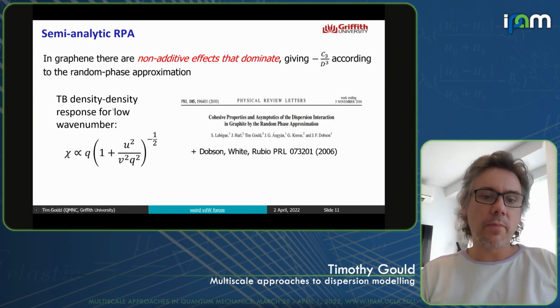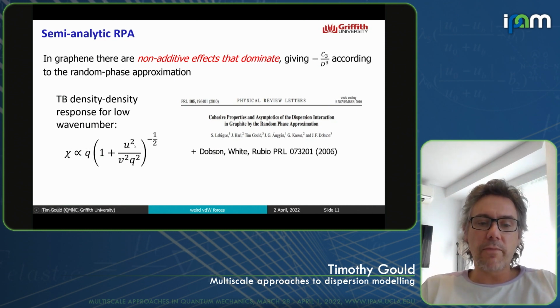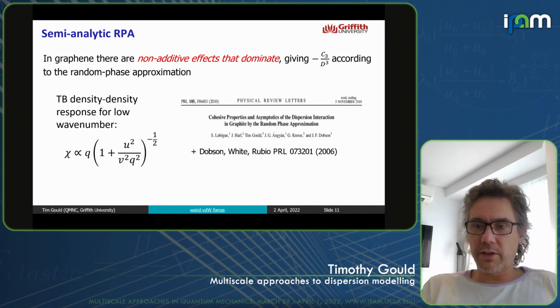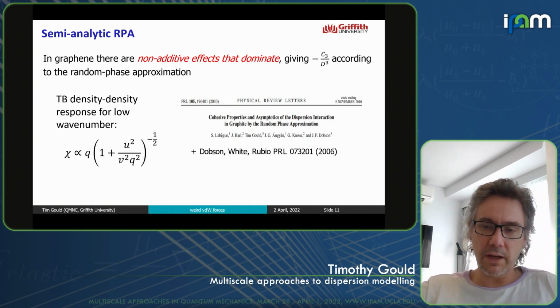So basically, we take a tight binding density-density response model at low wave number for graphite. We shove it through some multiple integrals, and we arrive at a minus C3 on D cubed instead of a minus C4 on D4. So Dobson, White, and Rubio first published that in 2006. And a few years later, we managed to show this using quite expensive random phase approximation calculations, which I won't talk about now, but I'll talk more about those sorts of calculations in a bit.